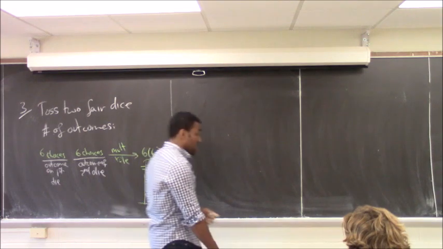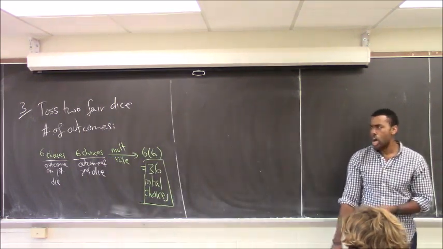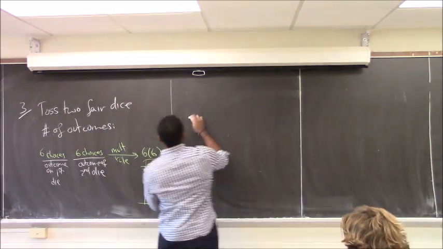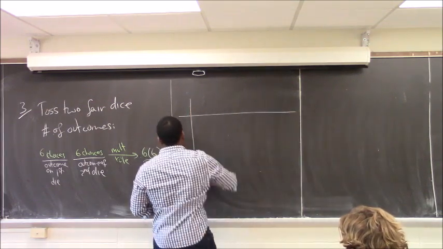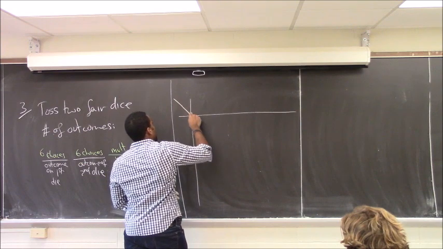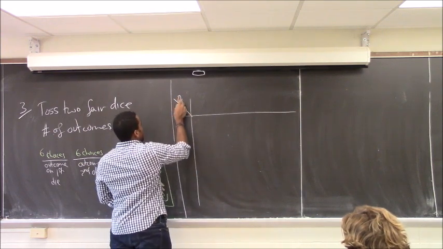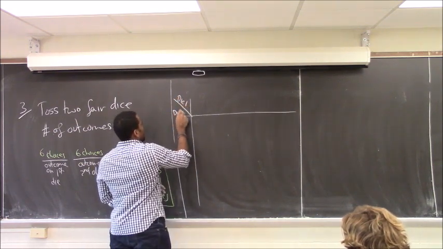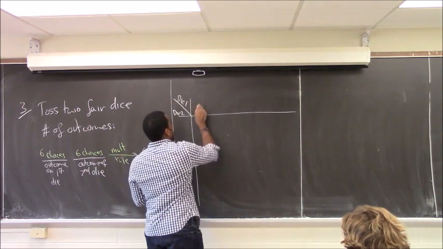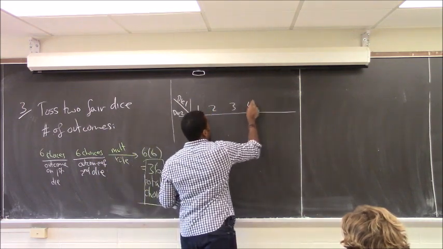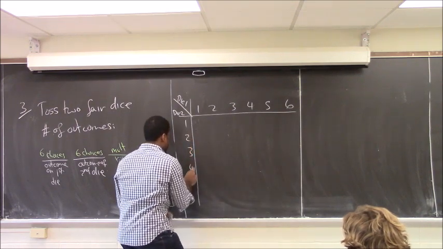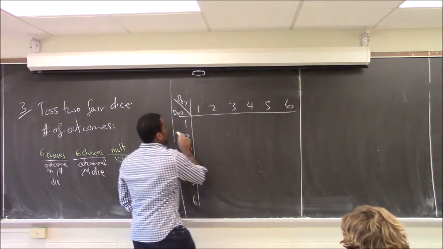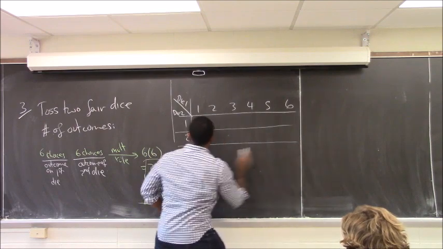So you'll have a lot of examples with playing cards and dice and all that stuff. There's a common way to represent the outcome on 2 dice, and that's by a table, where you split along die 1 and die 2 with the possible outcomes: it could be a 1 or a 2 or a 3 or a 4 or a 5 or a 6, and going down likewise. You can create a table like this.